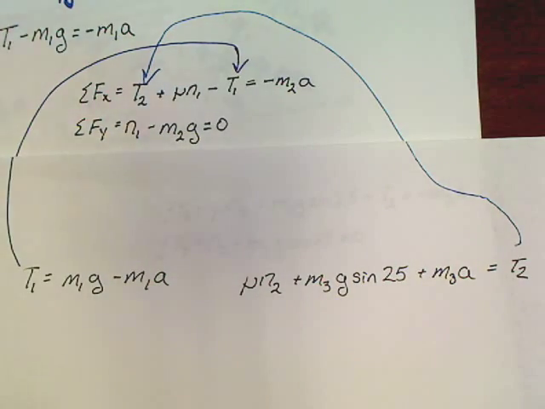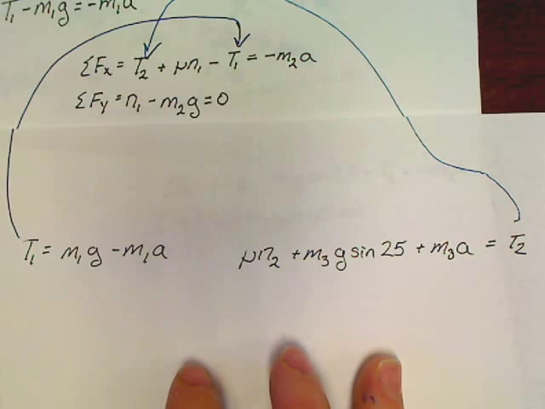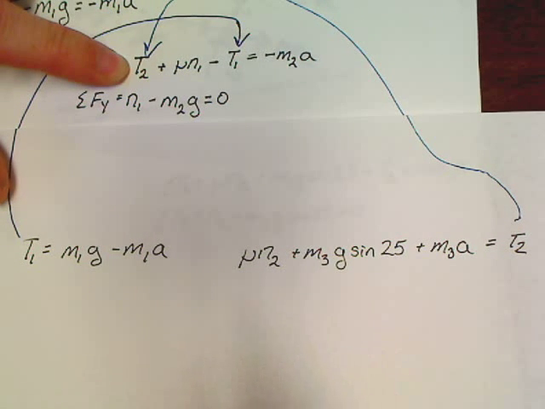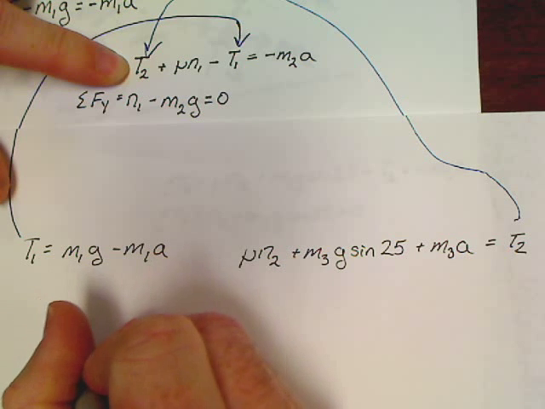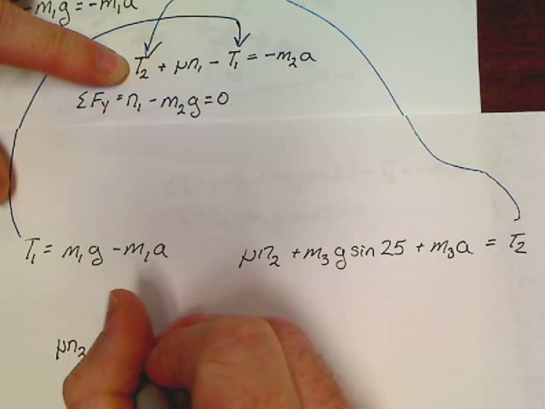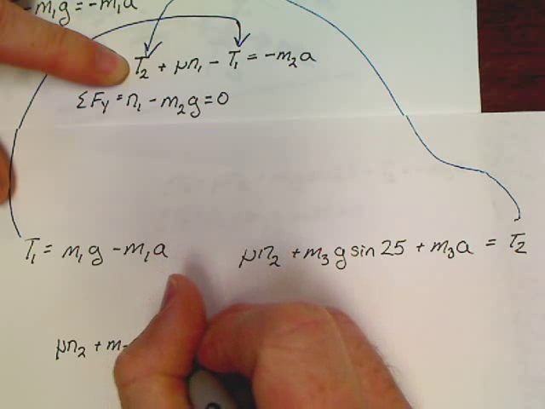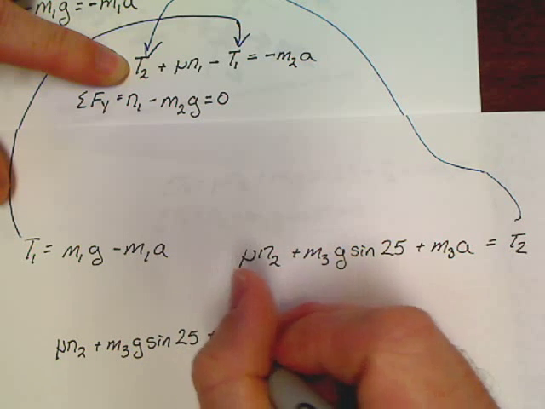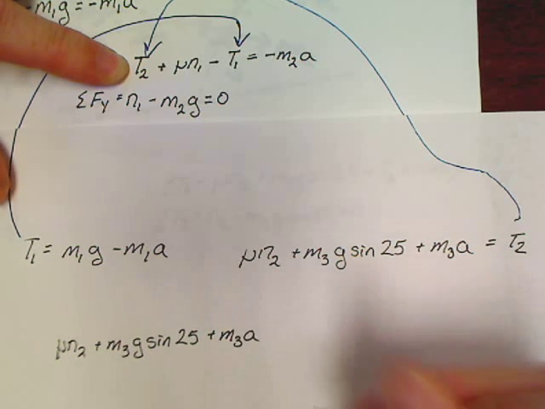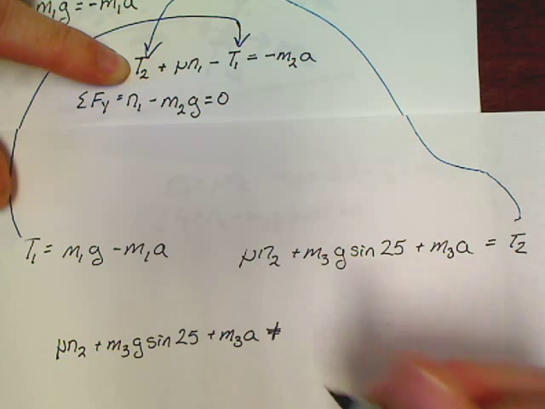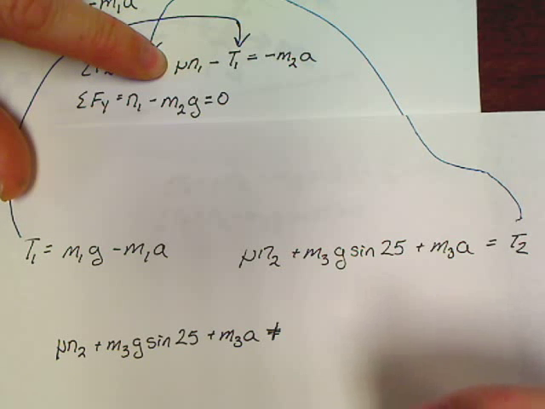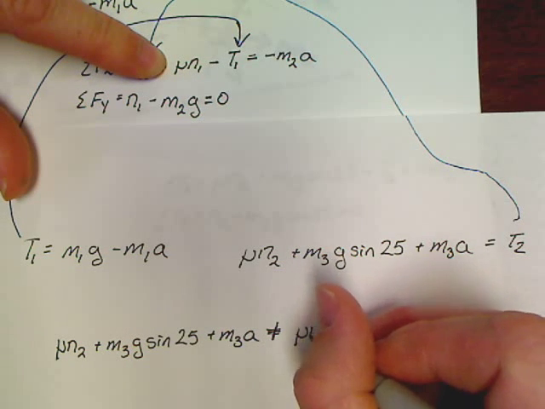So now, in place of T2, I'm going to have mu N2 plus M3G sine of 25 plus M3A plus mu N1.